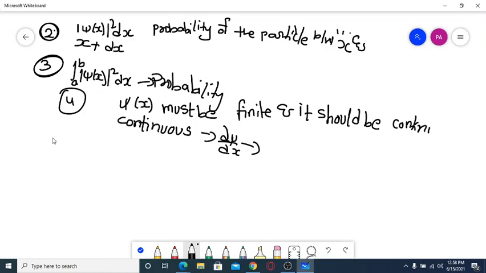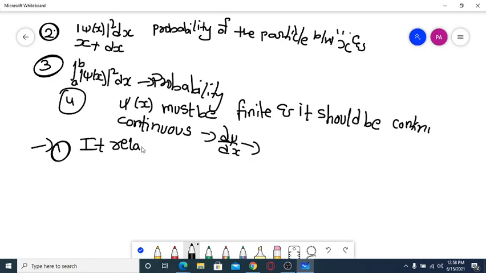Now we go to the significance of the wave function. What is the importance or significance of the wave function?